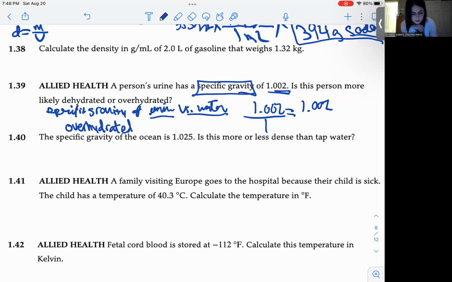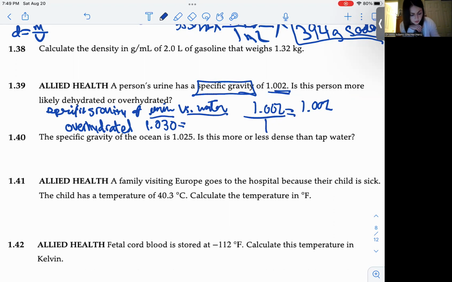Whereas if that person's specific gravity for their urine was, I think, about 1.030, in that case, that person would be very dehydrated, actually.